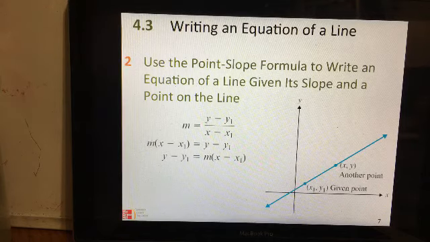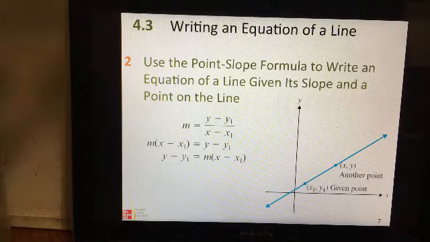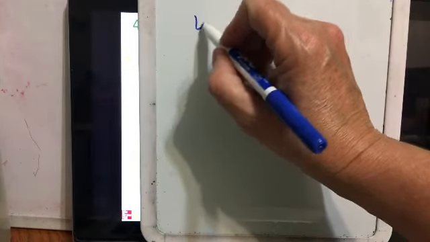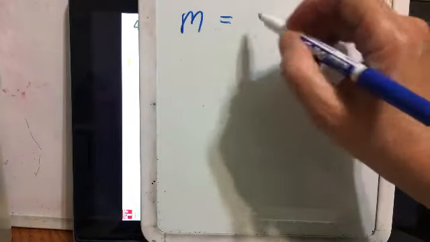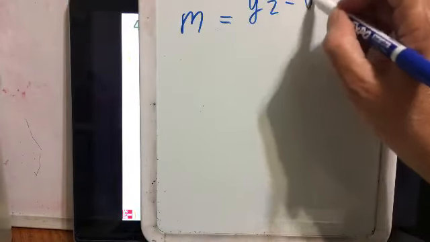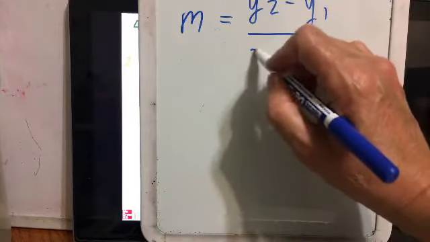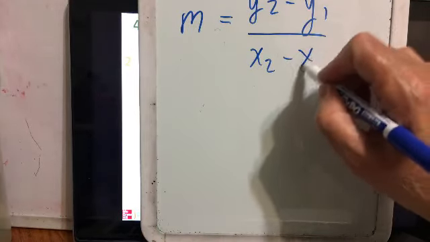I'm going to put our slope formula up on our little whiteboard here. Okay, so here's my little whiteboard, and m is (y2 minus y1) over (x2 minus x1).